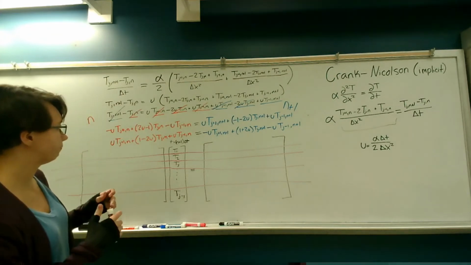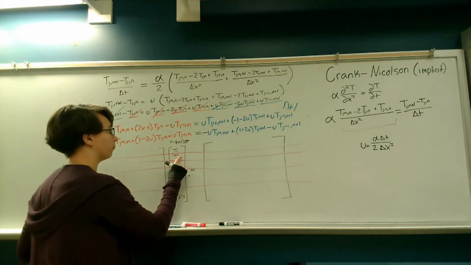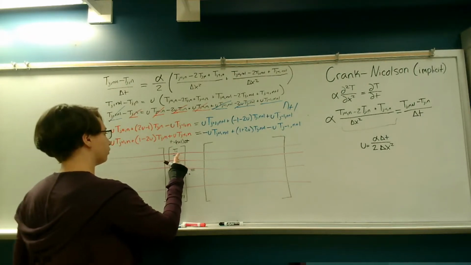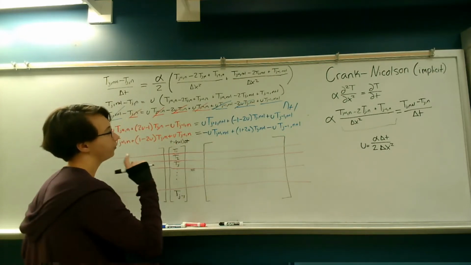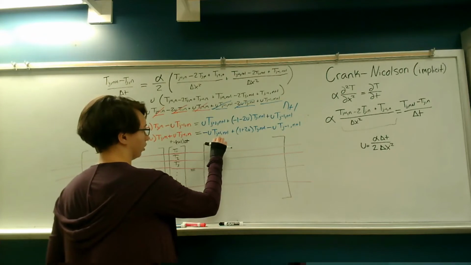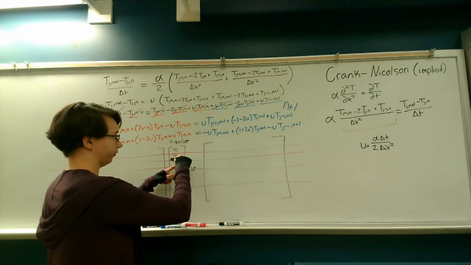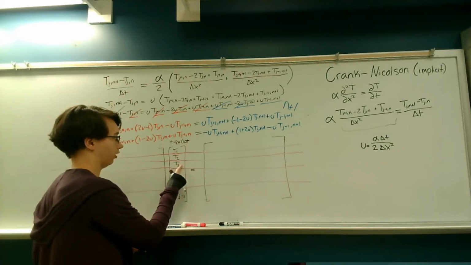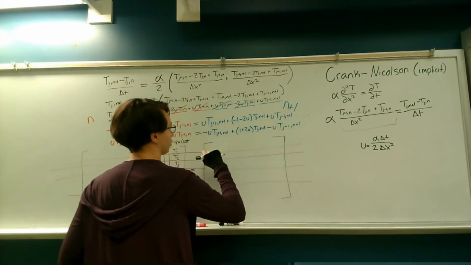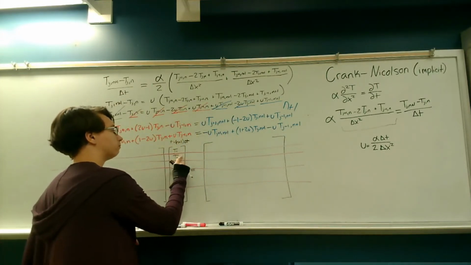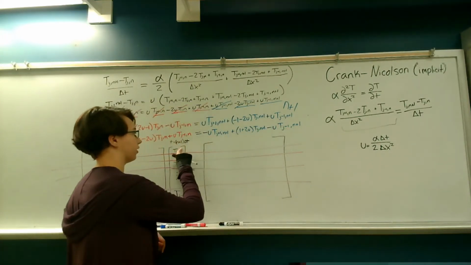Okay, so we're going to ignore the first temperature for now, we're going to look at the second one. For the second temperature, we're looking at this side of the equation because we've got n plus 1. Actually, we're going to want to start from this side of the equation and go that way. At temperature 2, this is T at j minus 1, which is temperature 1.